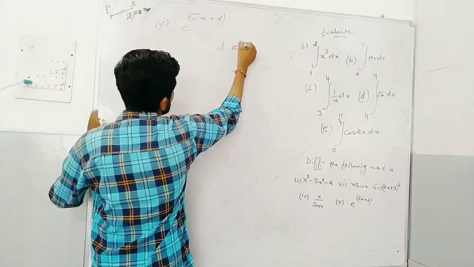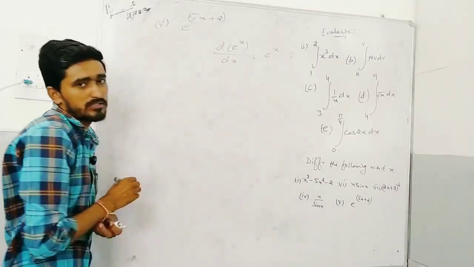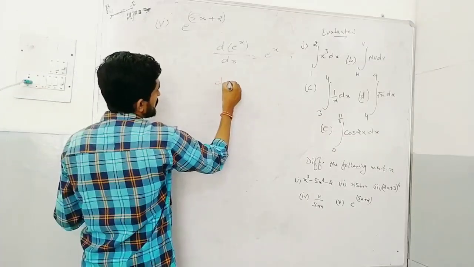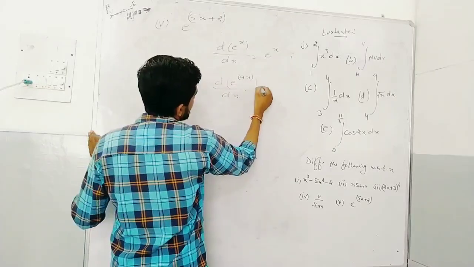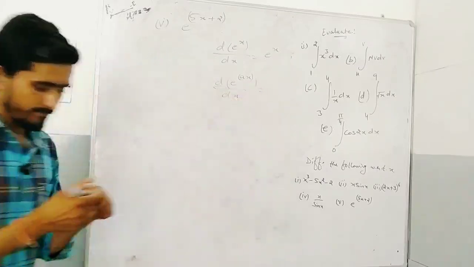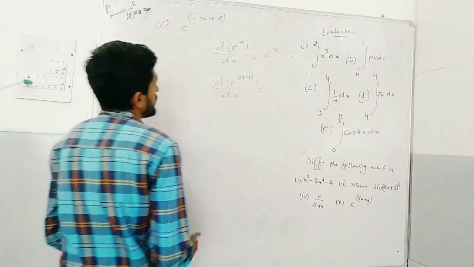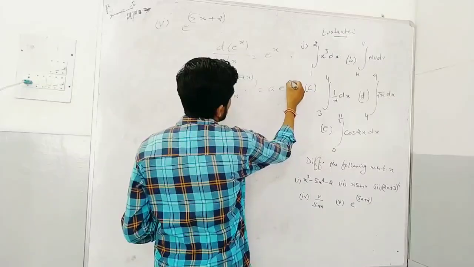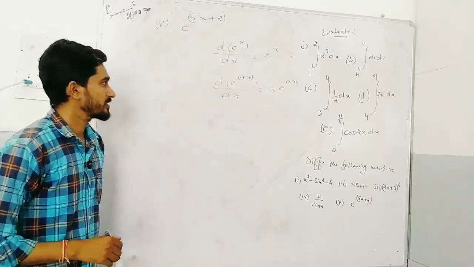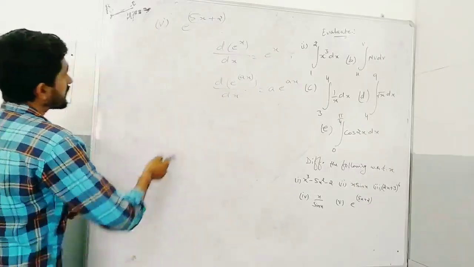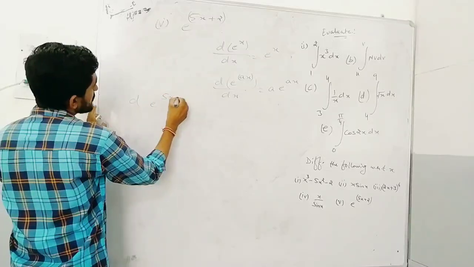Differentiation of e raised to the power x is e raised to the power x, but differentiation of e raised to the power ax upon dx gives me a into e raised to the power ax. Okay, now applying this here, differentiation of e raised to the power 5x plus 2.